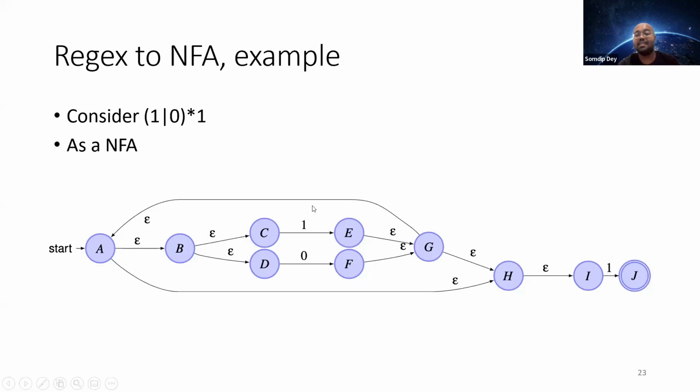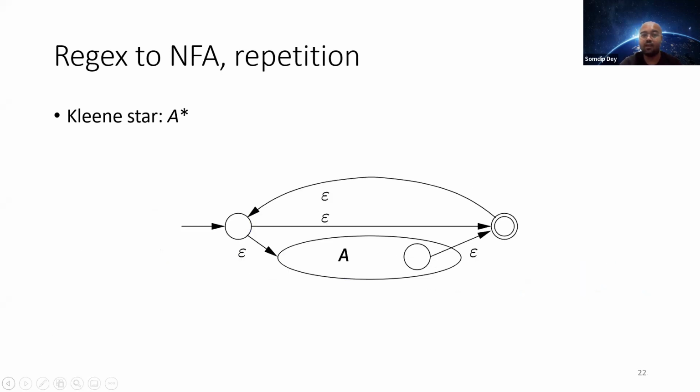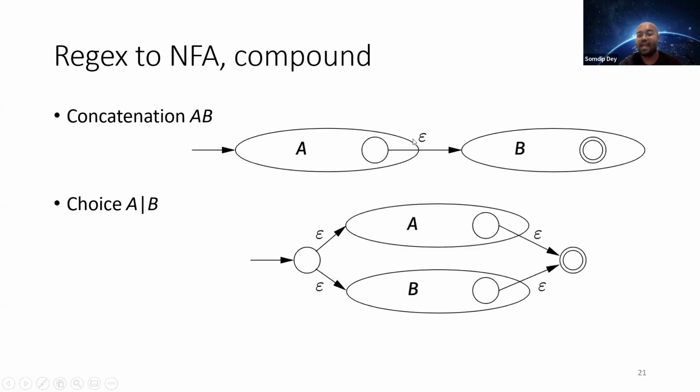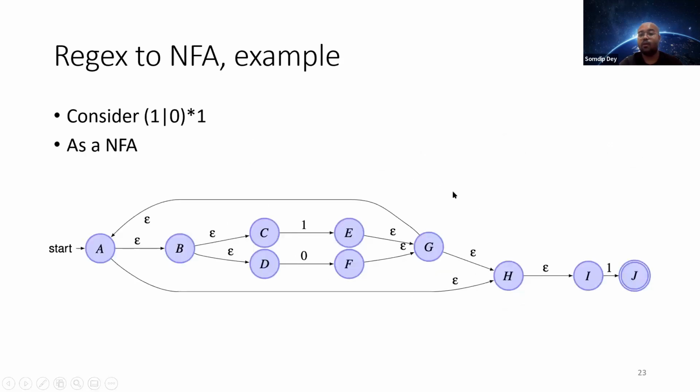So as you can see, using the formulas that we have shown here for Kleene star, concatenation of A and B, and A or B, we have successfully developed the NFA for this regular expression. Now, so far, did it make sense?